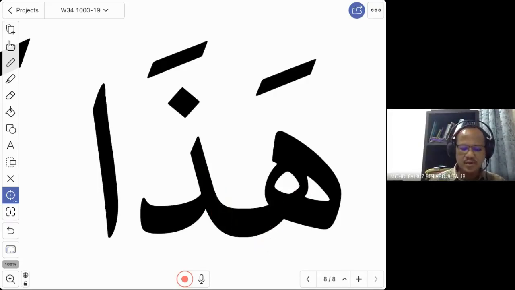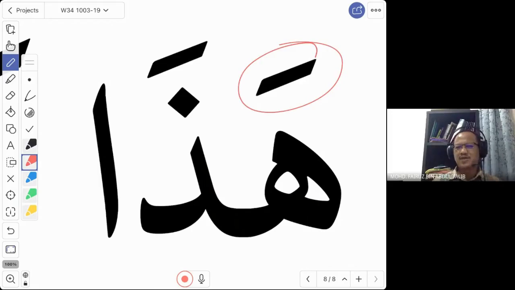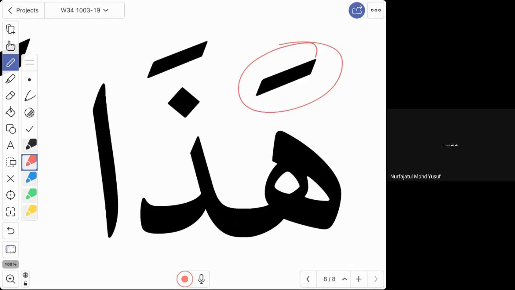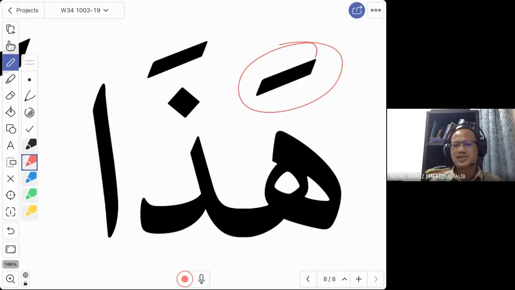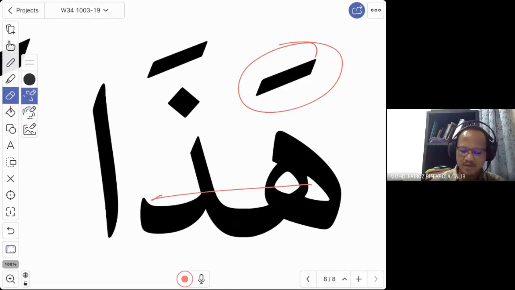But what is the symbol? Is it a long vowel? No, this is the short vowel. From our previous lesson, we say that if you have a short vowel, then you have to pronounce it very short. So what is the problem here?